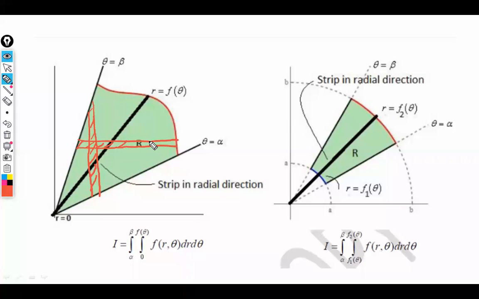So in Cartesian, to get the limits, the position of a strip is either vertical or horizontal. Whenever we want the order dx dy, we take a horizontal strip, and when we want the order dy dx, we take a vertical strip.